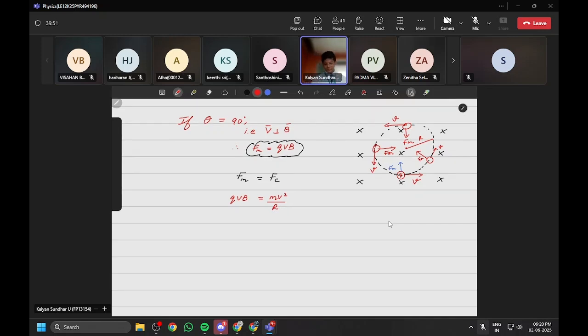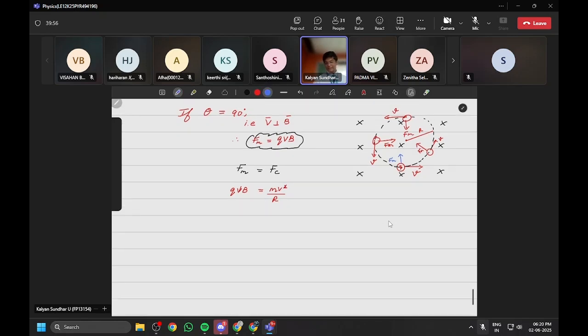Now here v and v will get cancelled. So you will get the radius of the circle as r is equal to mv divided by qB.